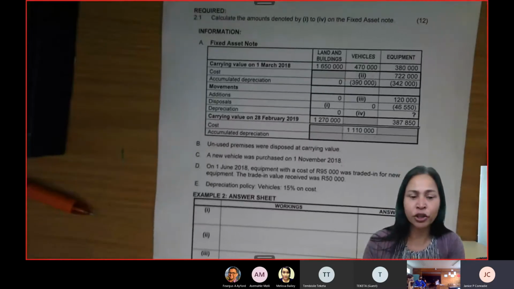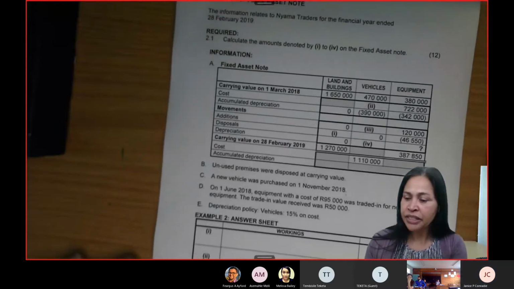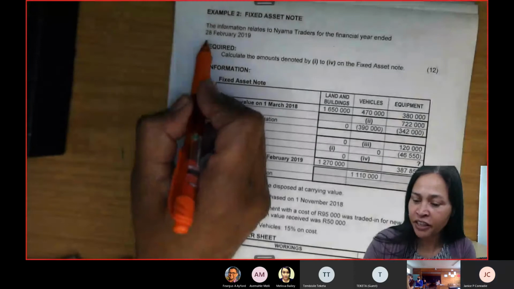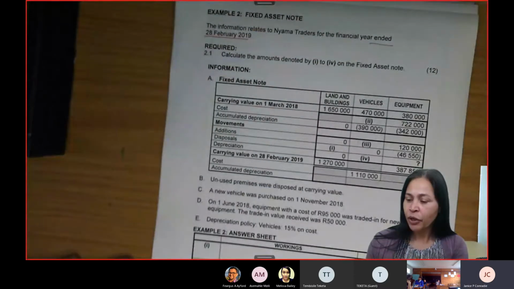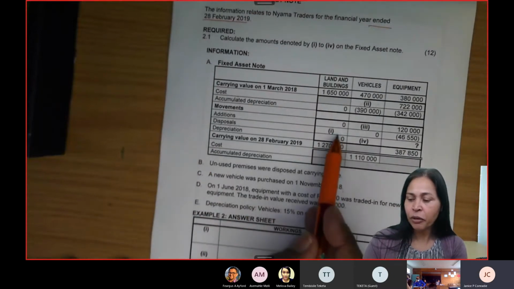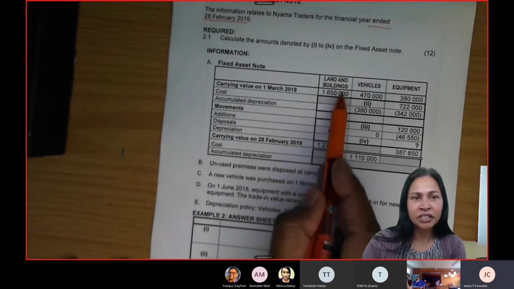If you look at your information here, your example 2, it says that the financial year ended, again, that is important for me, it ended on the 28th of February. We have read through all the additional information. First one says land and buildings.